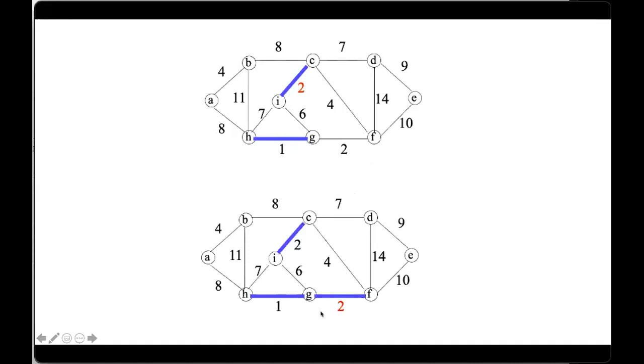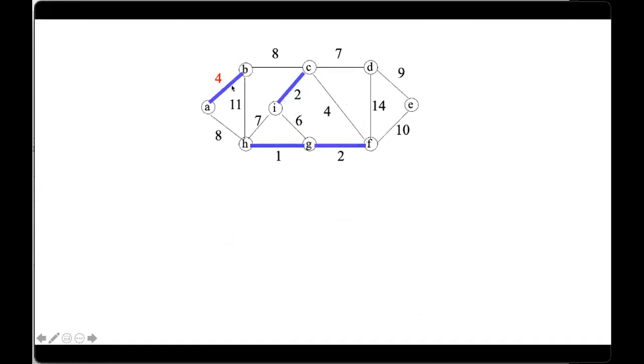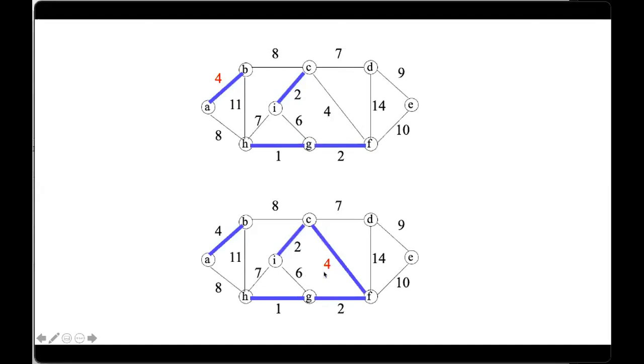Next minimum cost edge is either C to F, cost 4, or A to B, cost 4. So I will select A to B, which costs 4. Next minimum cost edge is C to F, cost 4. That also we shall select. Next minimum cost edge is C to D, that is 7, or I to H, again 7. But if I select the edge I to H, it will create a cycle here.